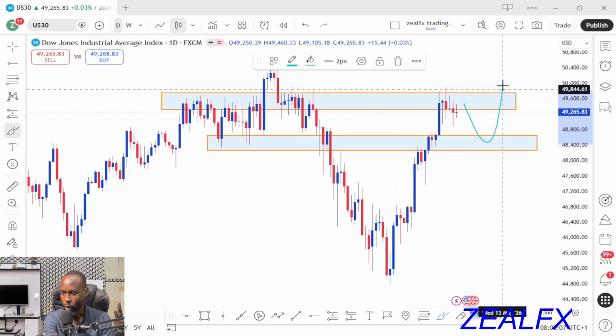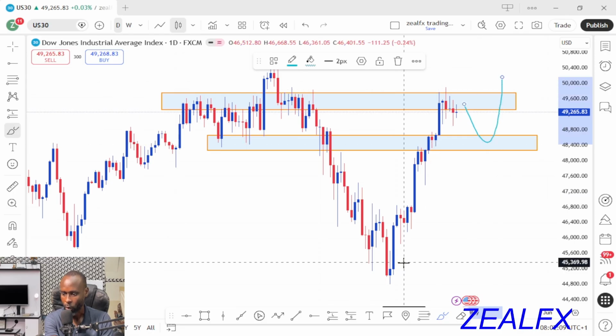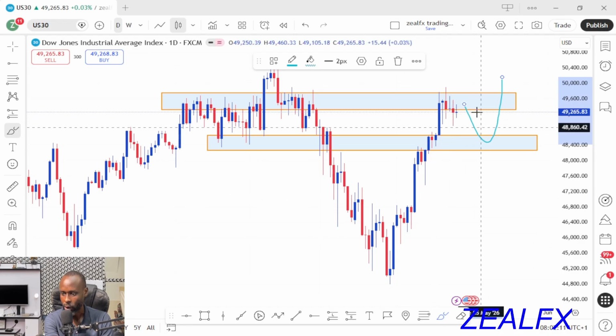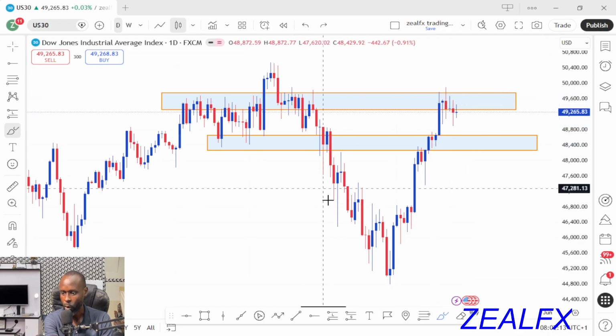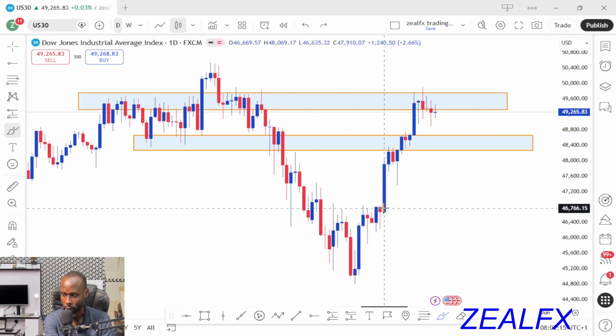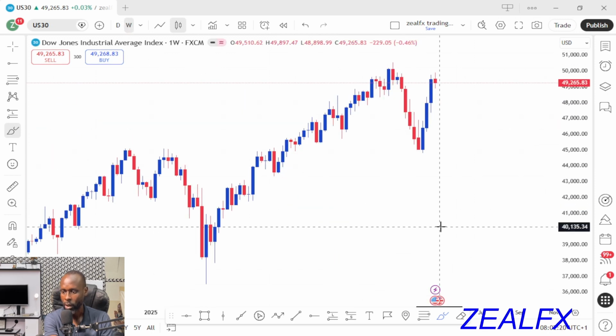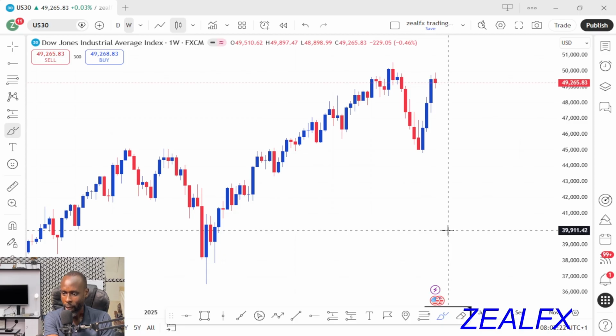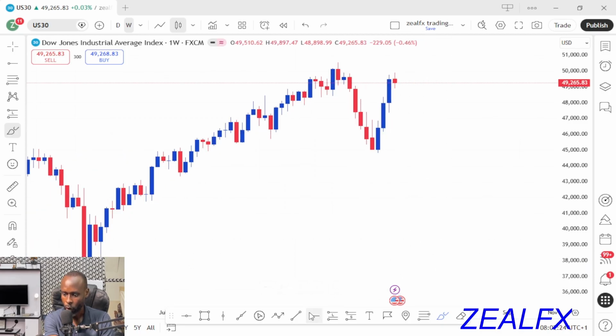We can start looking for buying to the top because we have a series of higher lows, which can lead to possible more buying opportunities on the US30. Let's confirm this US30 direction from the higher time frame. On my higher time frame, we can clearly see that US30 has a support level at this area.